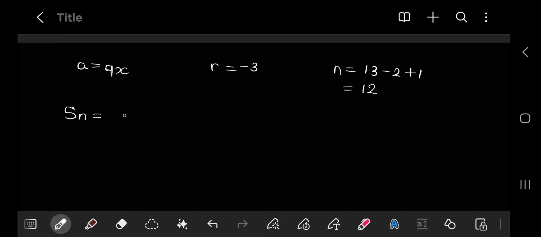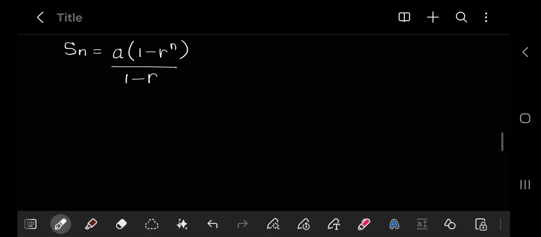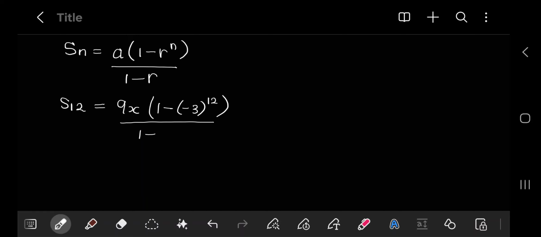So we're actually using the second formula, which is a into 1 minus r to the power n over 1 minus r. And we are calculating S12, where a is 9x, r is negative 3. It's going to be to the power 12, all over 1 minus negative 3.